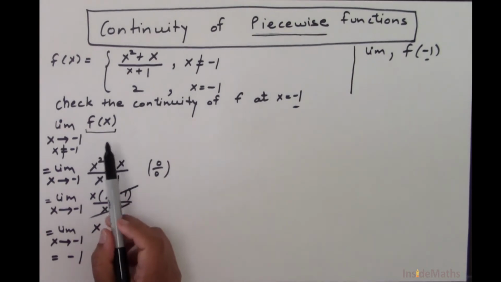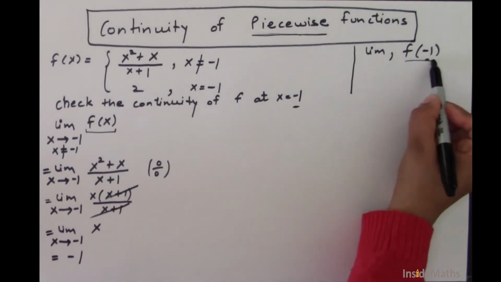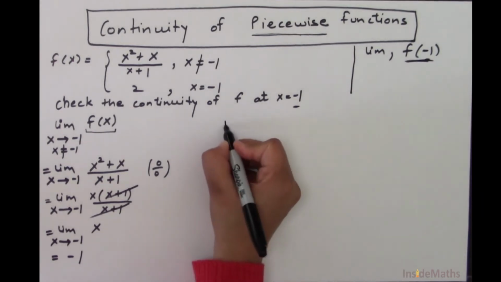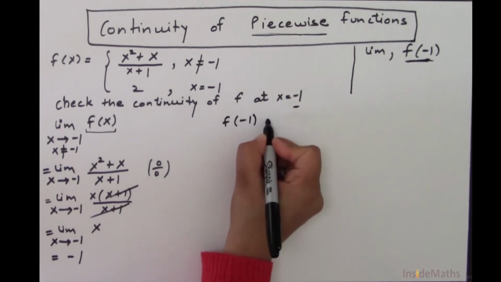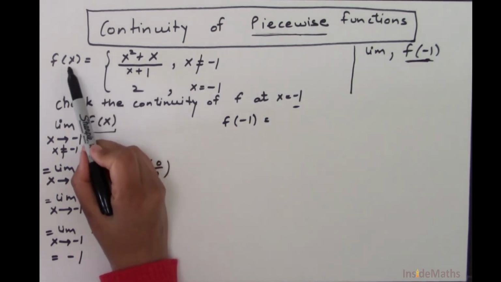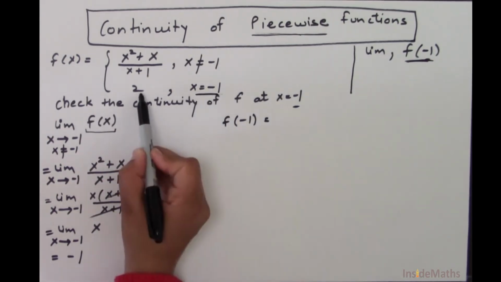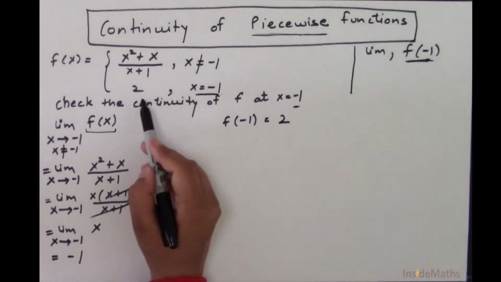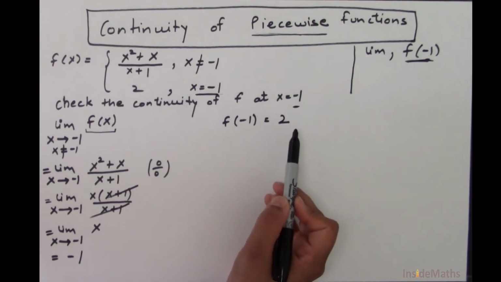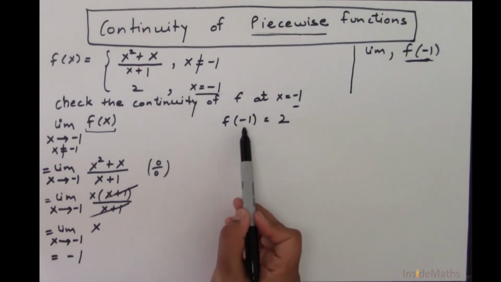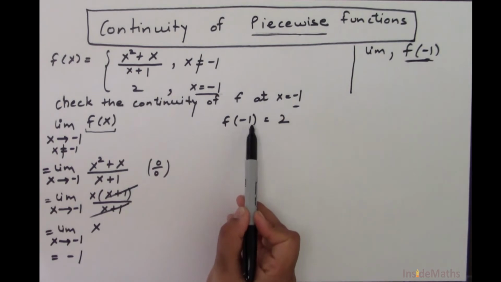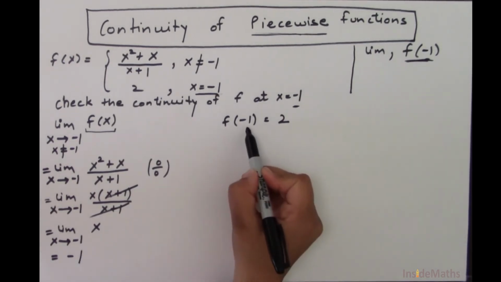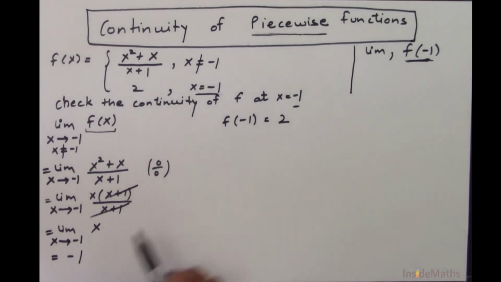That means the limit exists. Now I have to check the second condition. That means I have to find the value of the function at -1. So f of -1. Now the value of the function when x is equal to -1 is given by 2. So we don't need to solve this part, it's given 2. Now this means the function is defined at -1, but the limit and this function at the point -1 are both not equal.